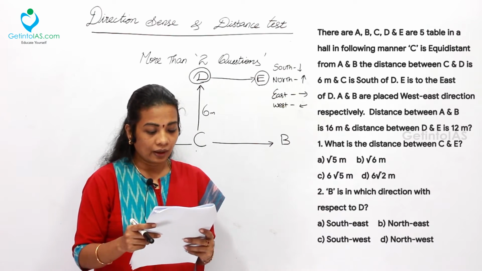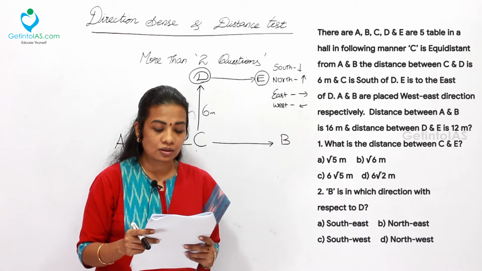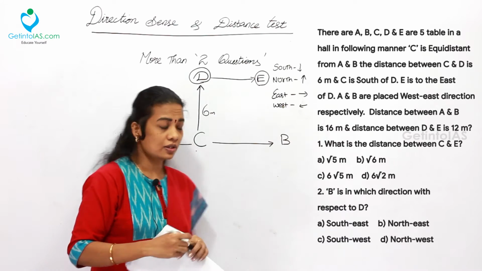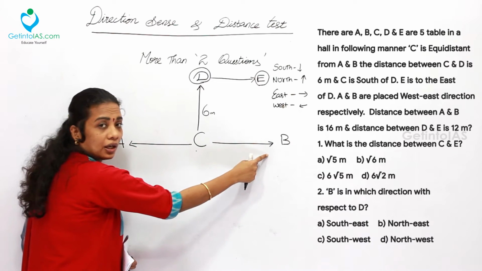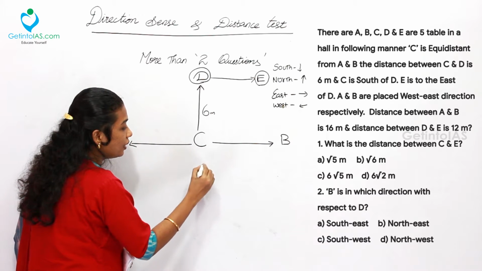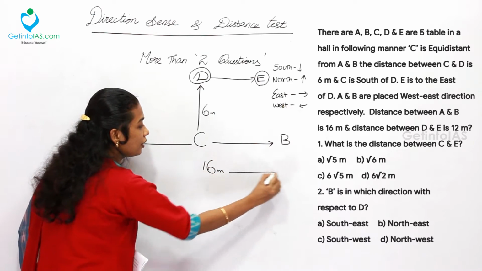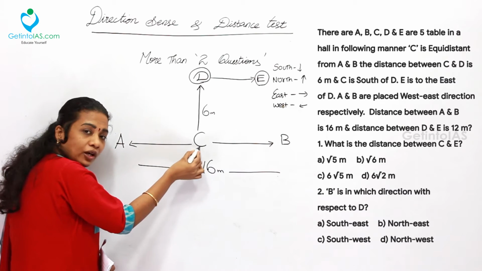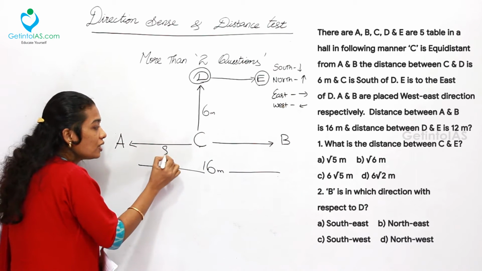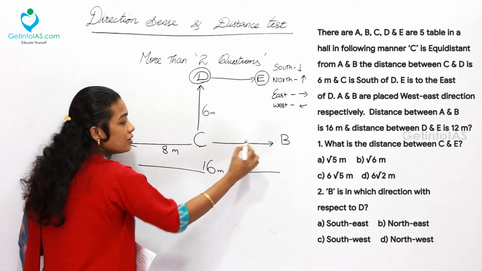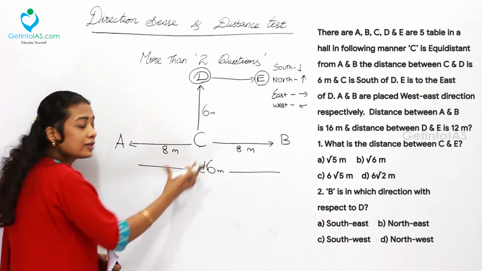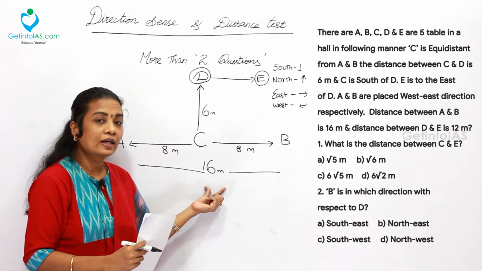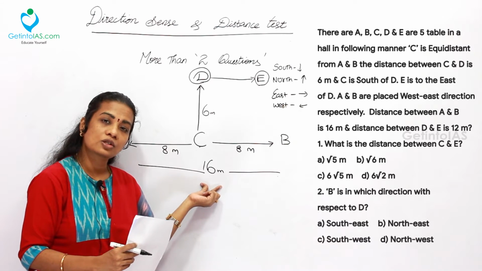Then the next thing, the distance between A and B is 16 meter. That is, the total distance between A and B is 16 meters. So midpoint C is located, so A to C is definitely 8 meter and C to B is 8 meter. These are the things which are indirectly given in the question in the form of 16 meter.